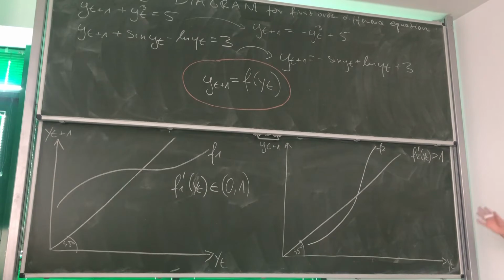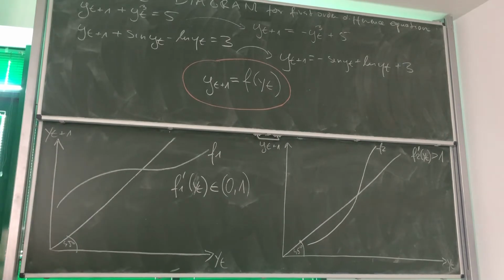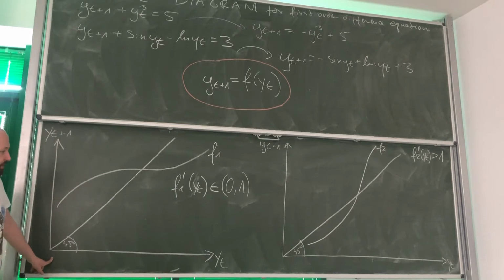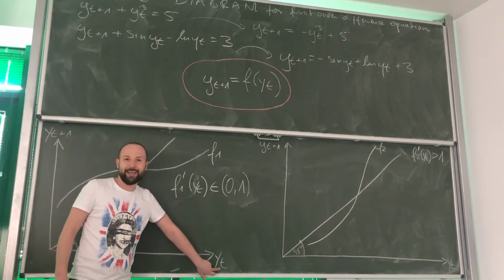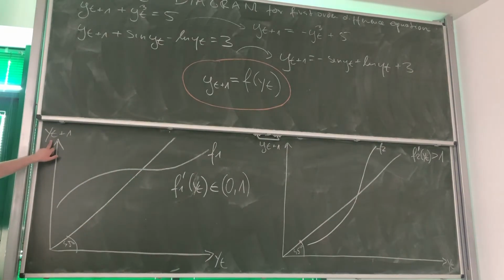We're going to start with two very simple ones. And let me explain what I mean. When we deal with phase diagram for difference equation, look what we have here. On a horizontal axis, we've got yt. On vertical axis, we've got yt plus 1.